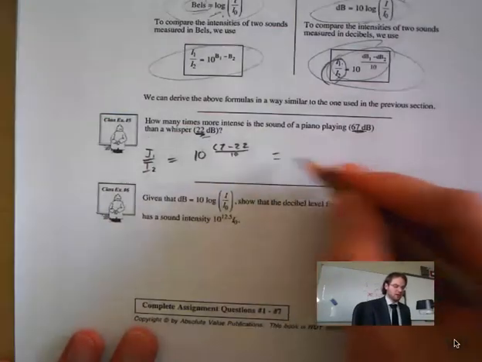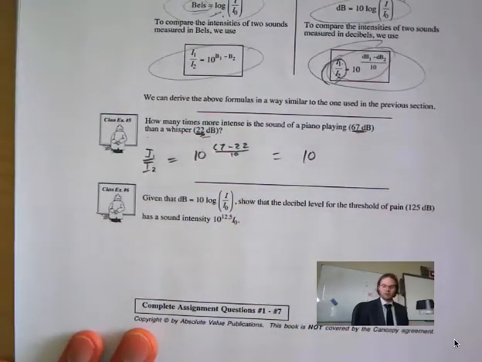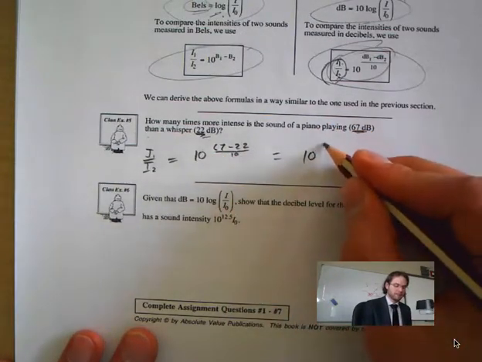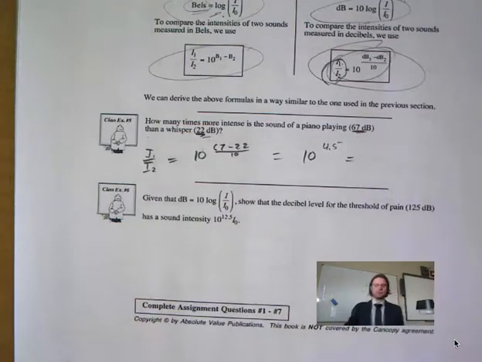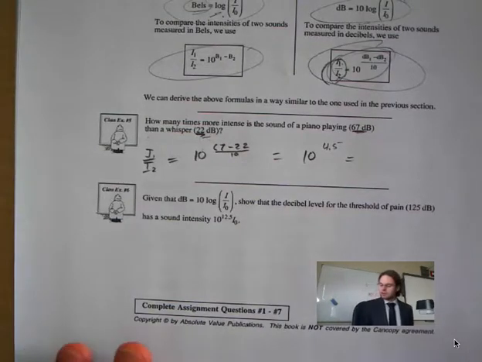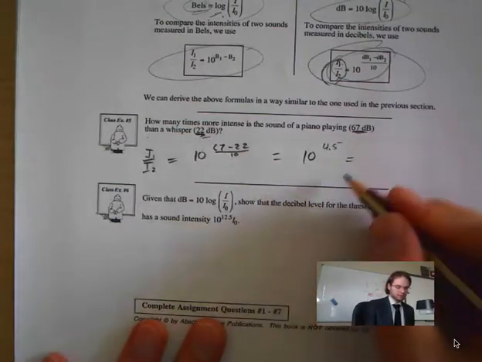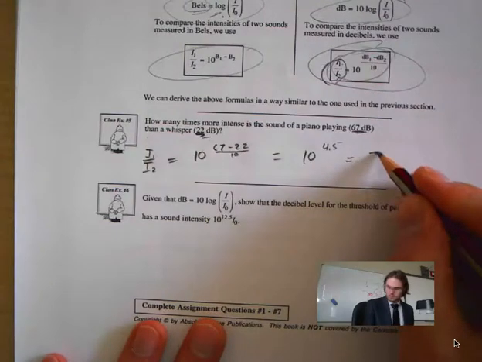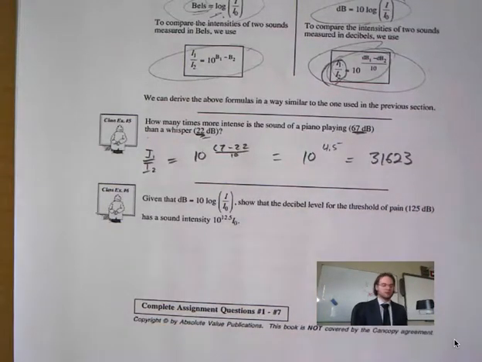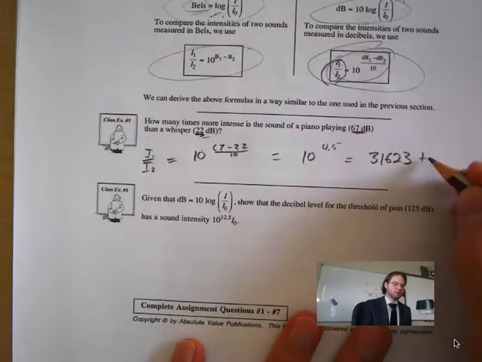I'm going to end up getting 10 to the power of 4.5, which is the same thing as, plug it into your calculator, you're going to end up getting 31,623. So it's 31,623 times more intense.